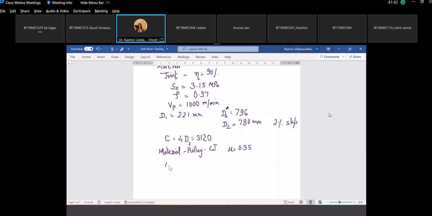Then we got the value of theta. How much? 2.96 radians. With mu and theta known, we got the value of belt tensions T1 and T2, which was 1023 and 363. Good.